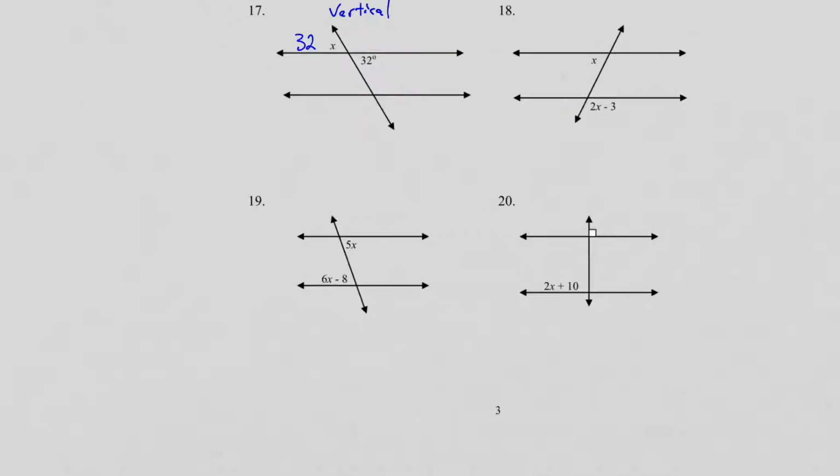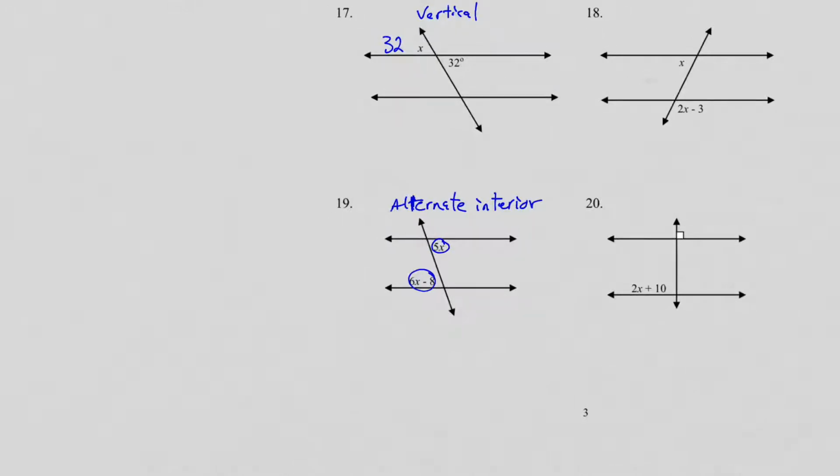And the 17, these are alternate interior angles. And since they're alternate interior angles, remember that we know that they are congruent.